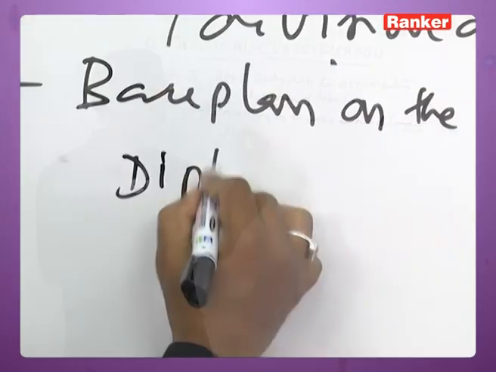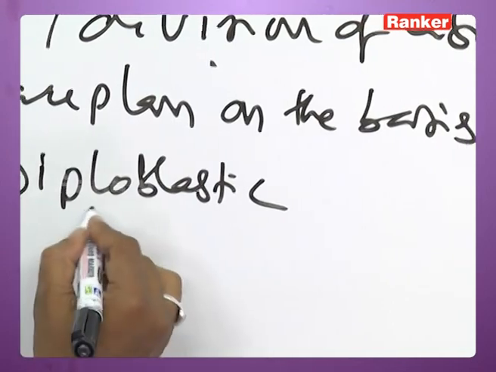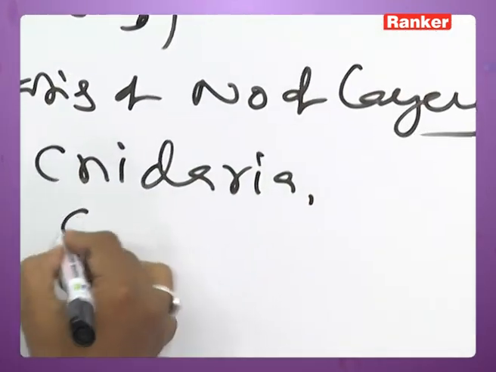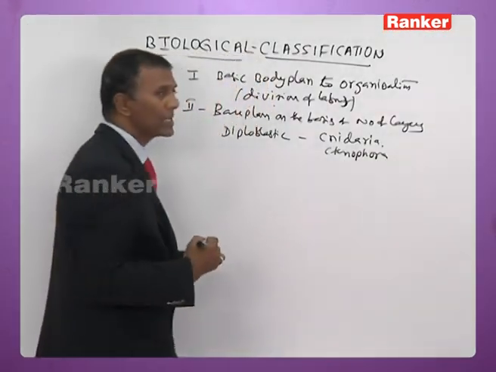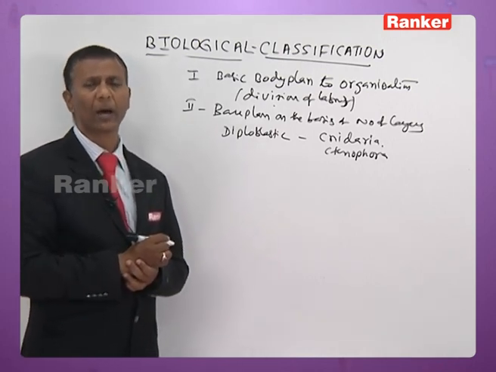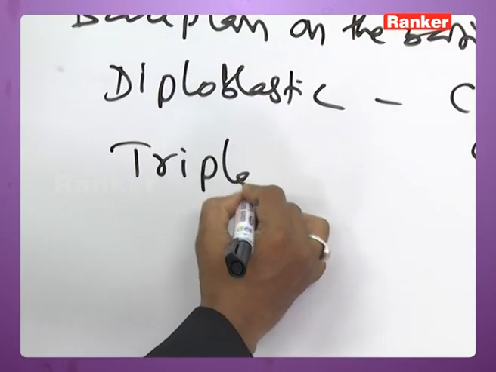Diploblastic animals are Cnidaria and Ctenophora, where there are only 2 primary germ layers in the body wall, outer ectoderm or epidermis, inner endoderm or gastrodermis. Then you have triploblastic organization.